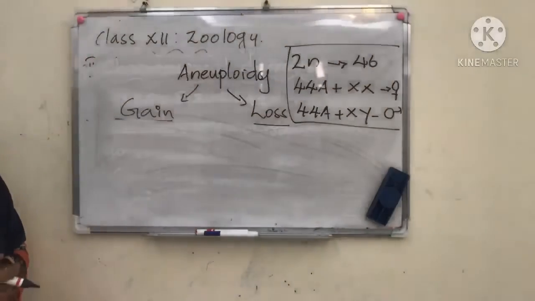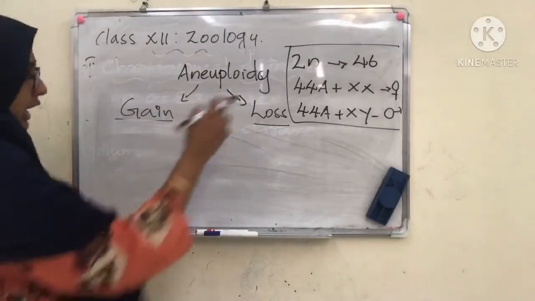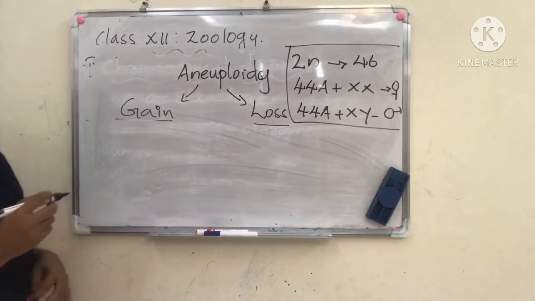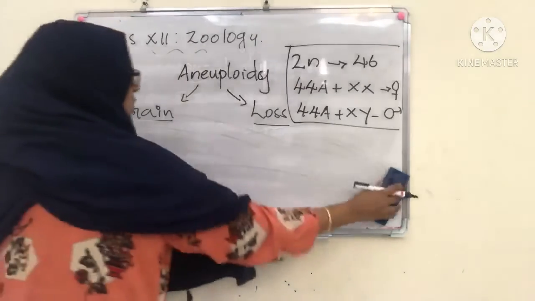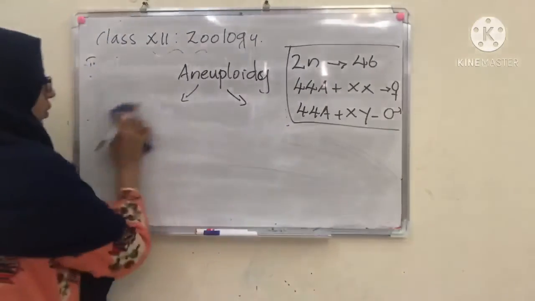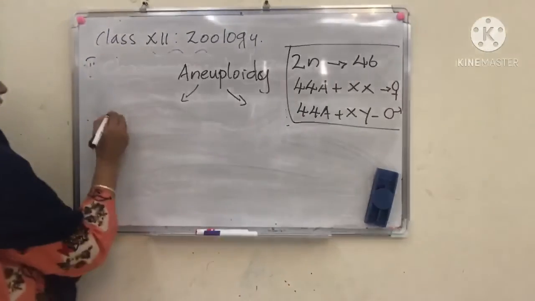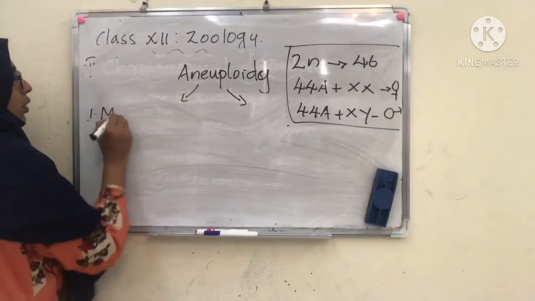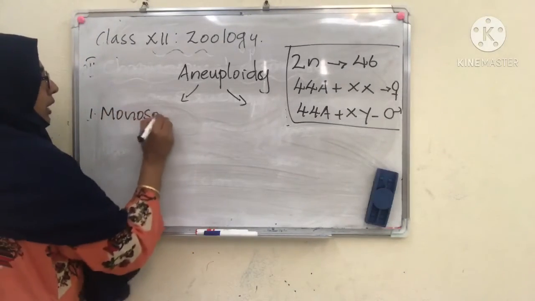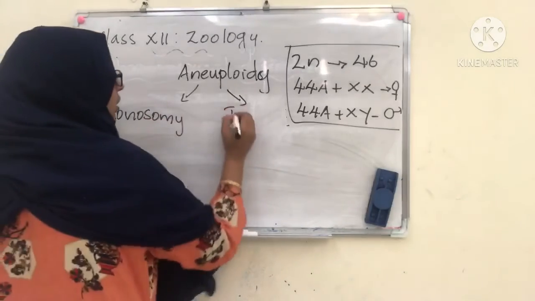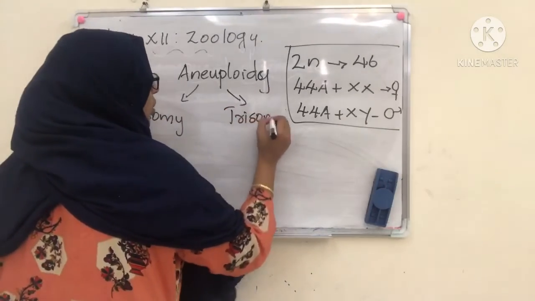Okay. See, aneuploidy is of two types. They are known as monosomy and trisomy.